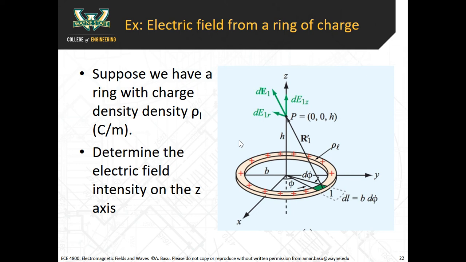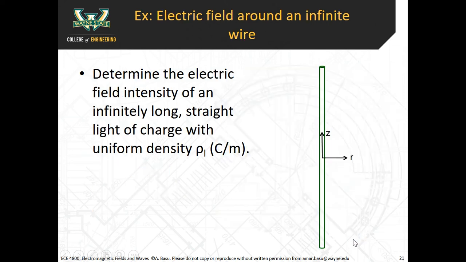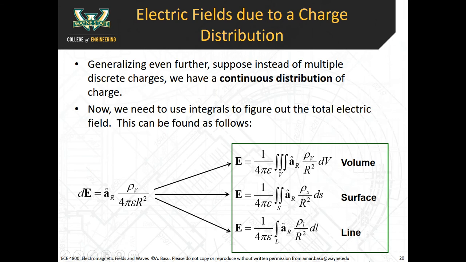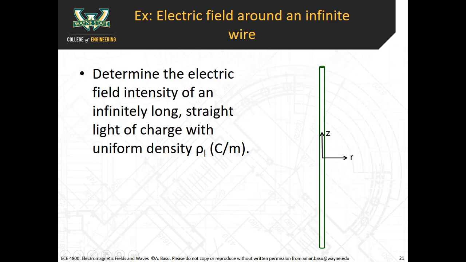All right, before we start doing the math, let's think a little bit about the symmetry of this problem. Electric field lines always point away from positive charges, right? So the electric field lines are going to be pointing away in this direction, away in this direction. If we're looking at a certain observation point P, which is some height away from it, what we're doing in these formulas is essentially adding up the contributions of each charge on that line.